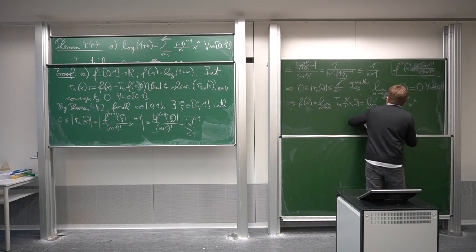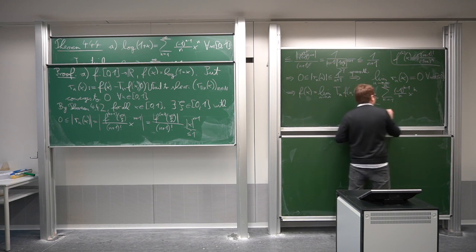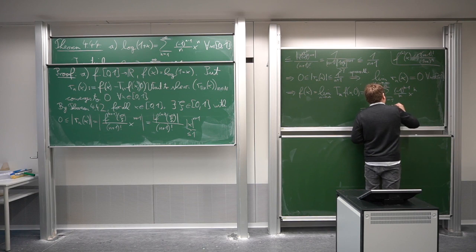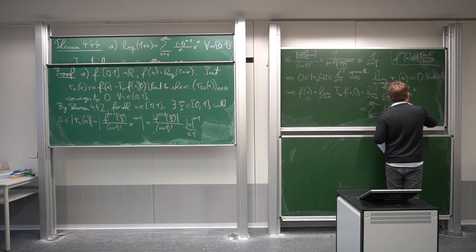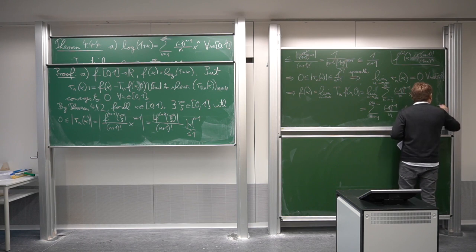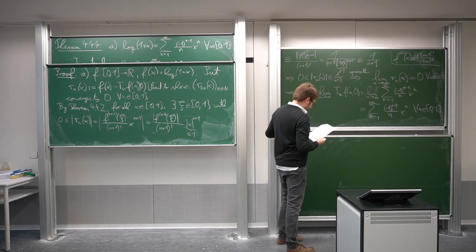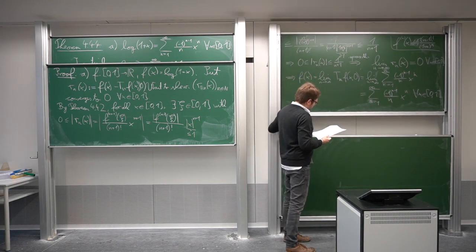And this is, of course, just the limit of the partial sums. Just by definition, this is the series, the sum n from 1 to infinity, minus 1 to the n minus 1 over n, x to the n for all x between 0 and 1. And this is what we wanted to show. So this is the example of the logarithm.